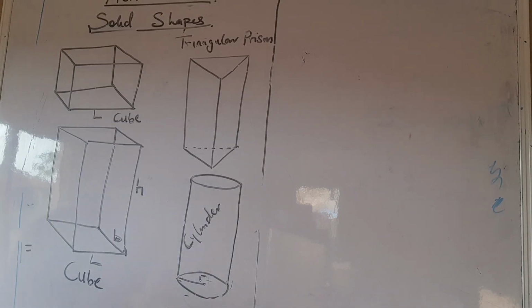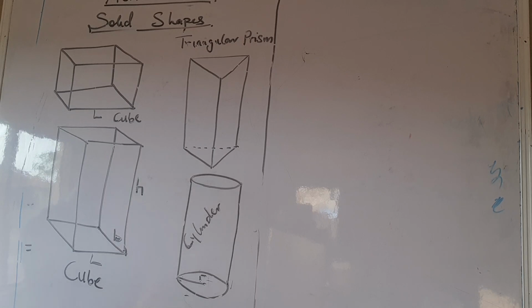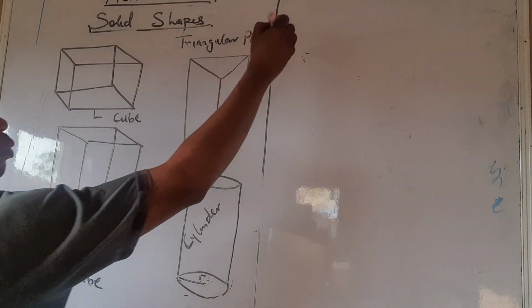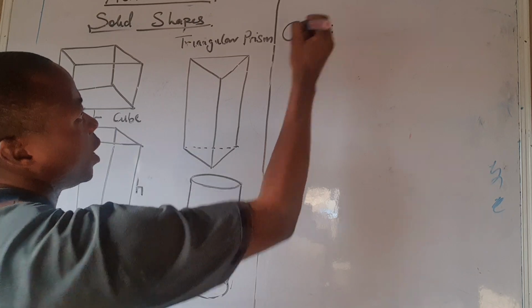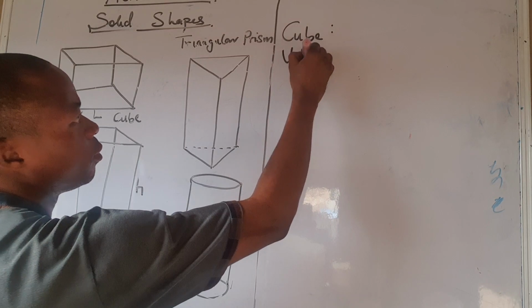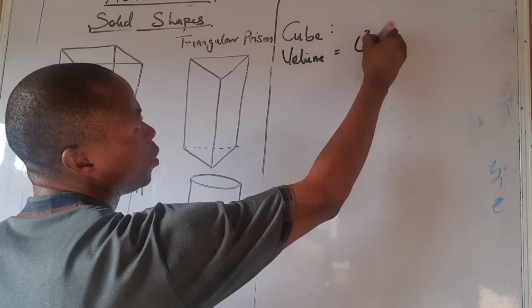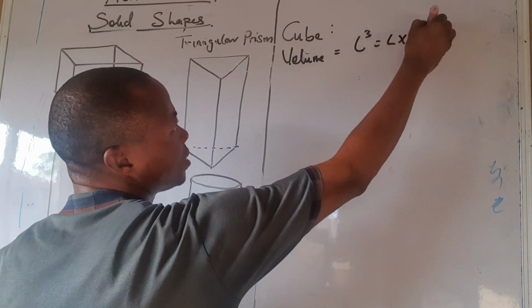So these are the shapes: this is a cube, and this is a cuboid. We also have a triangular prism and a cylinder. I'll be giving some general formulas. For the cube, the volume is L cubed, which is length times length times length.